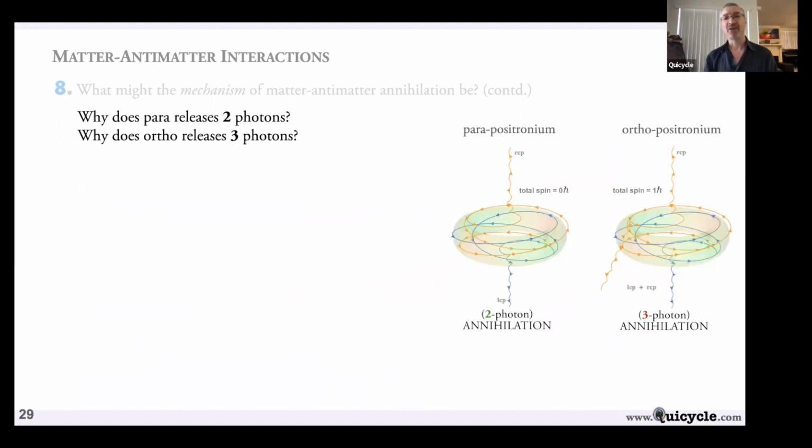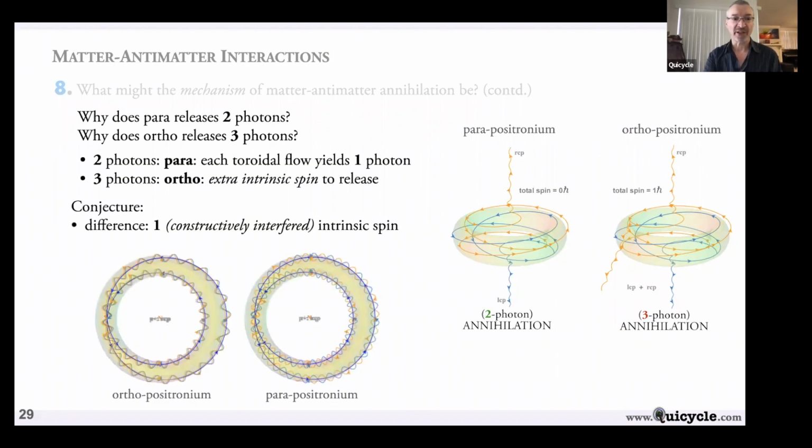Now, why does parapositronium release 2 photons and ortho release 3 photons? So we're going to give a little bit of a conjecture here as to why. When you have parapositronium, the intrinsic spins are counter-rotating, which offsets that layer of angular momentum. So you simply have 2 equal energy photons that annihilate and move in opposite directions.